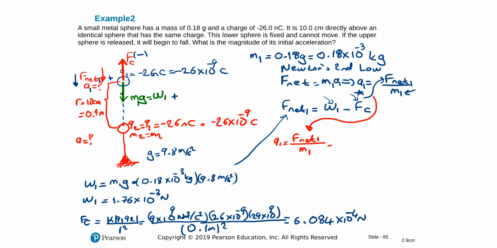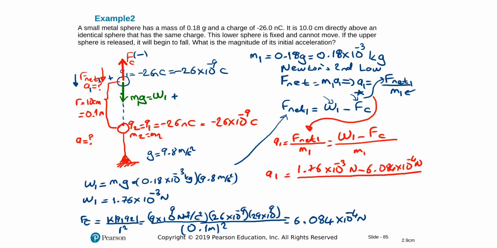We decided that. Now I'm going to put the values for F net 1: weight 1 minus F Coulomb, divided by m1. We're going to have 1.76 times 10 to minus 3 newton minus 6.084 times 10 to minus 4 newton, divided by mass 0.18 times 10 to minus 3 kilogram.